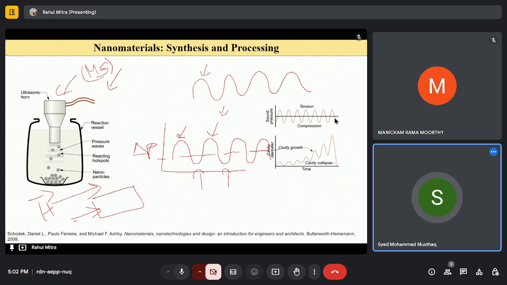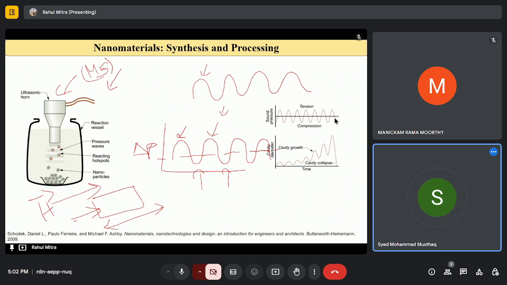So there is a stretching or compression of the material. Or we can use piezoelectric materials, where we apply an electric field. We again stretch or contract depending upon the amount of electric field that we are applying.